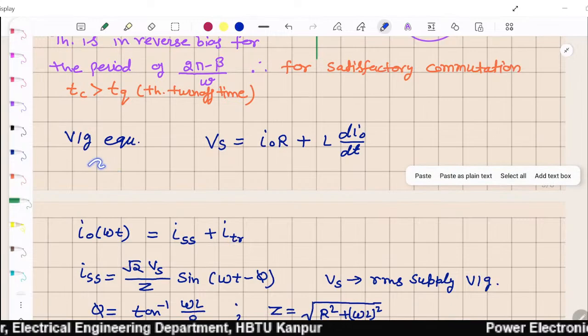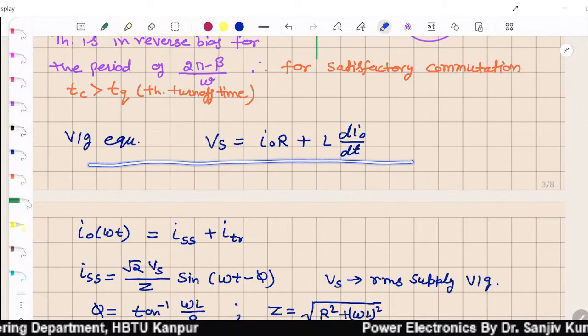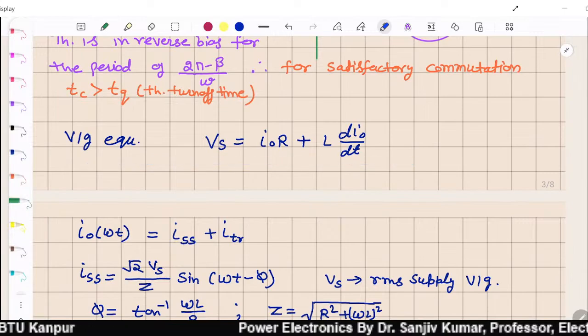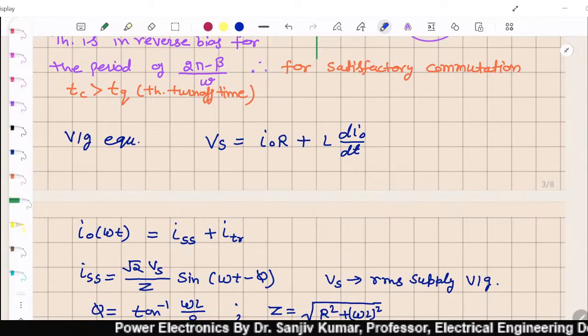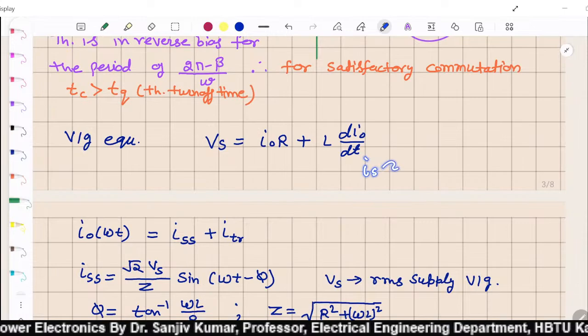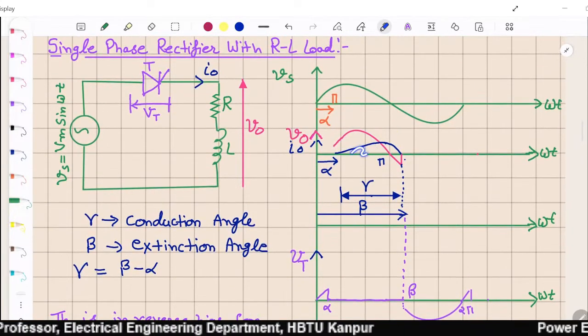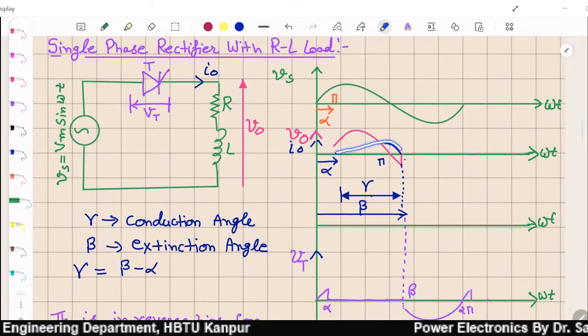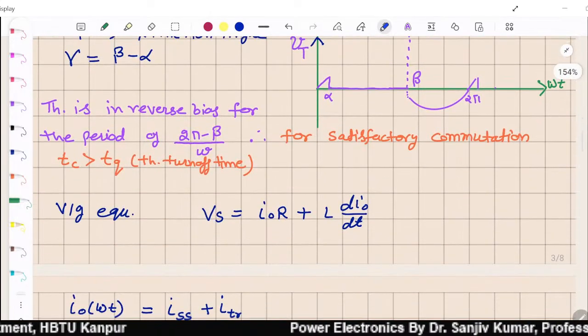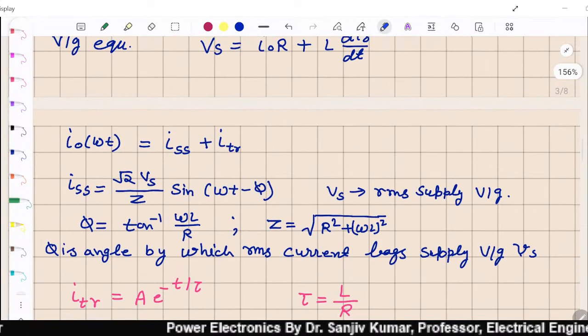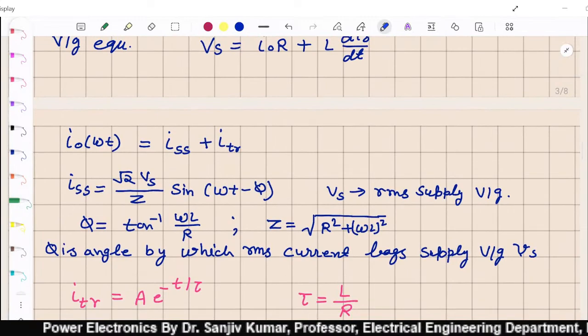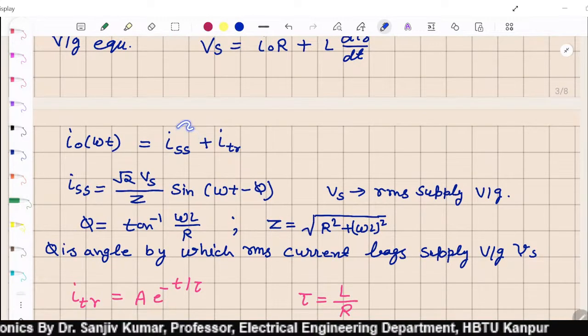Now the voltage equation. We have to calculate the instantaneous value of current, how this current is flowing. We have to derive the equation for this. For that I have considered that this current would have two components.